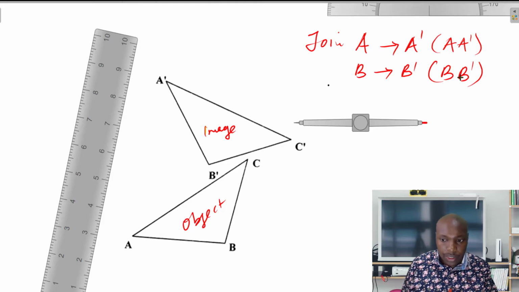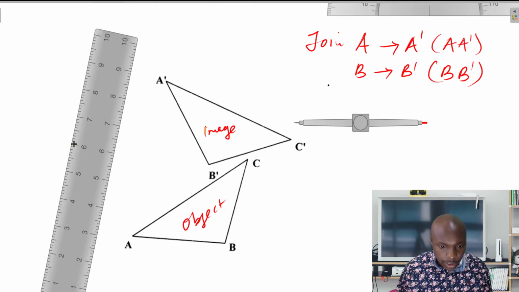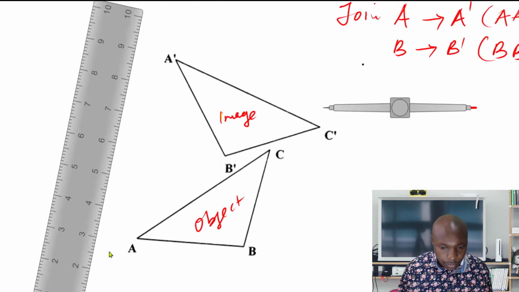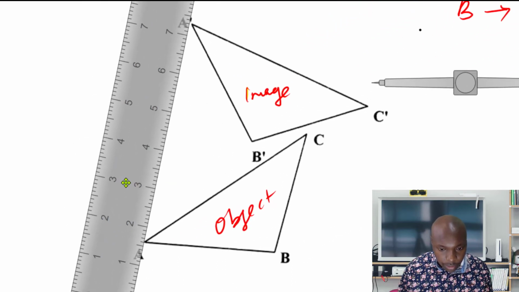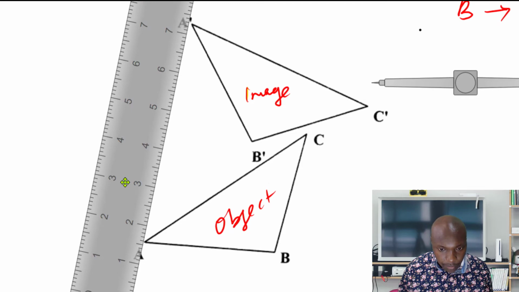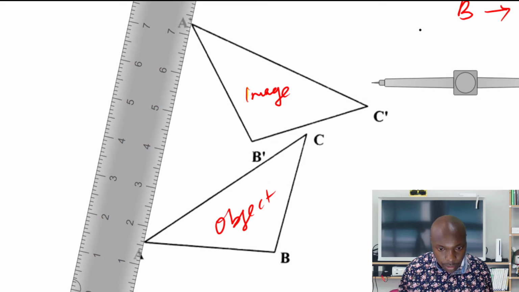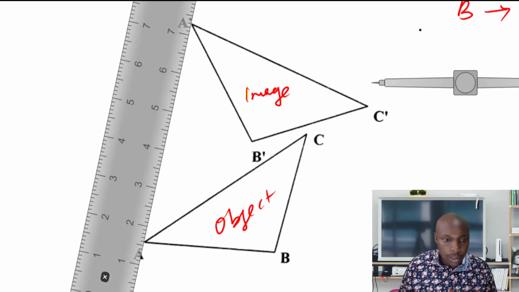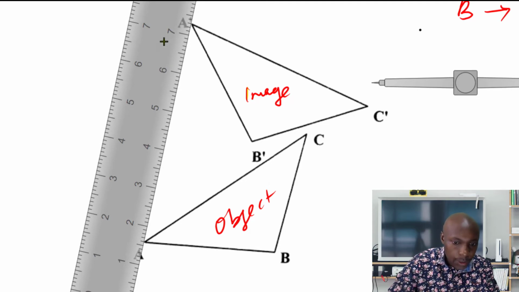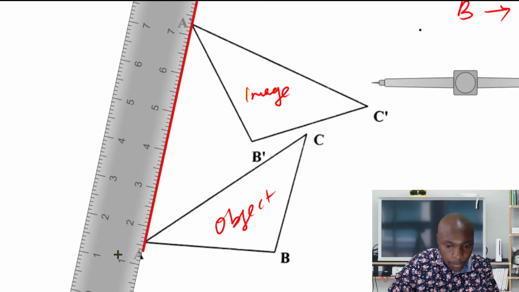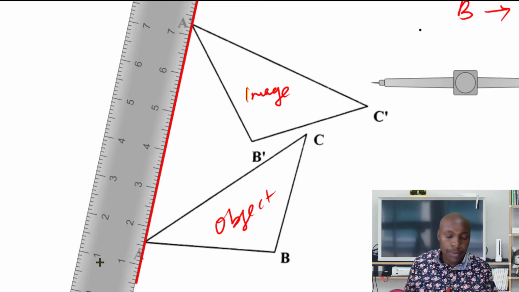So let's start with joining A to A prime. So take your ruler. This is the point A. I have to turn this way to that point. So let me join these. So I have joined A to A prime.